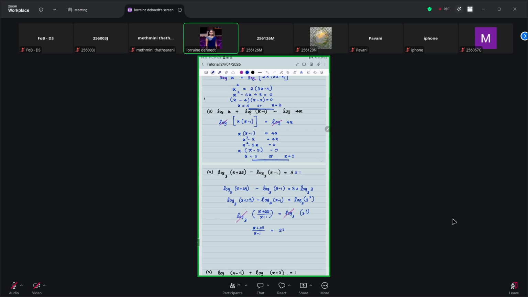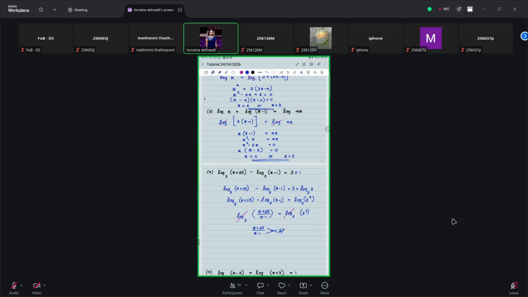So now you can get the cross product. Then you can write it as 3 to the power 3, no? Yes, it's also correct, okay?